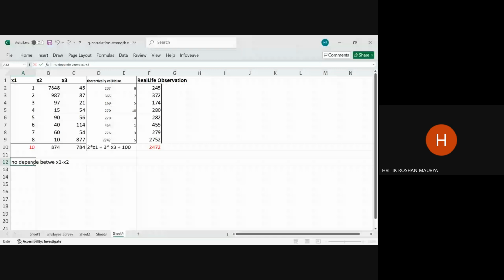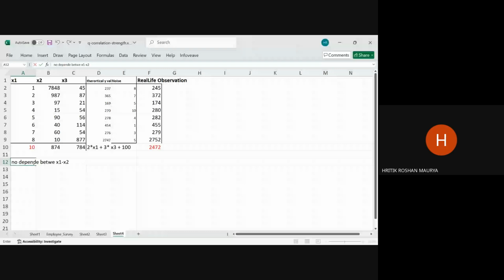I think rerunning is correct. Here I need to send some data. You changed something? I just provided random values. X2, X3 both are random.